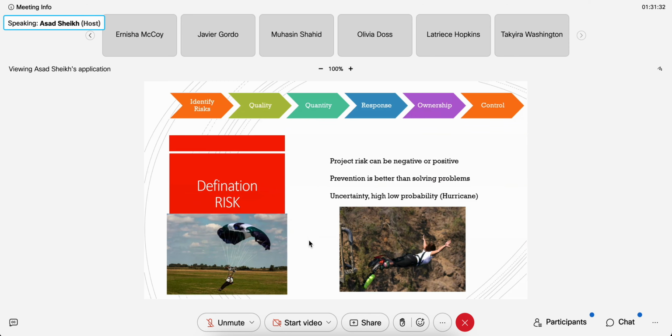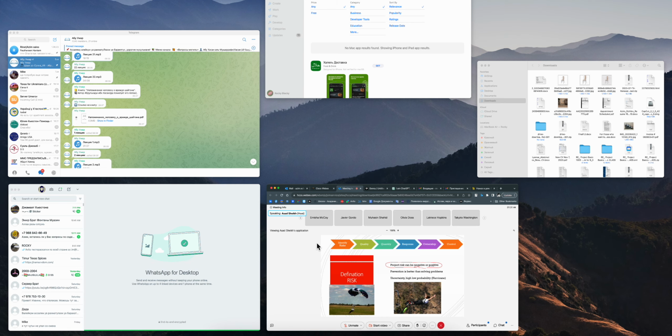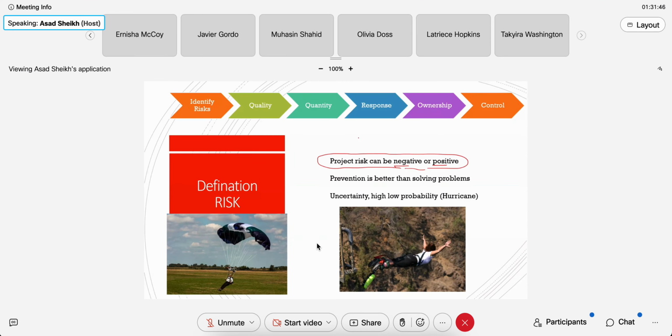Definition of risk. Project risk can be negative or positive. Risks are uncertain, and they all have some probabilities. Those are additional definitions, but the one that's in the book is this.